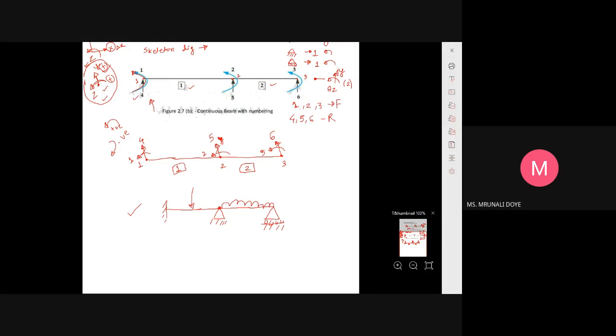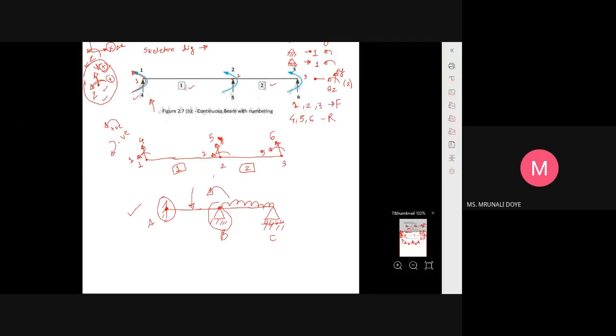You observe the type of the support at this A, B and C. Okay, so A is a fixed support. So what is the degree of freedom here? 0. B is hinge support. What is the degree of freedom here? 1. In which direction? Rotation.